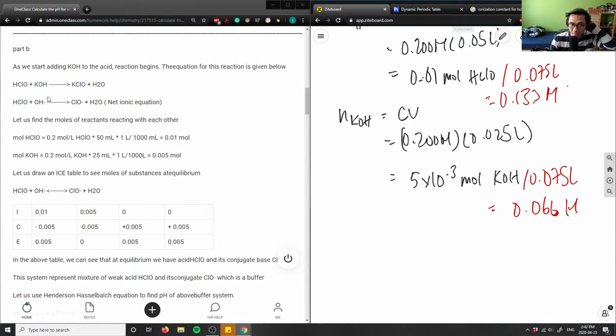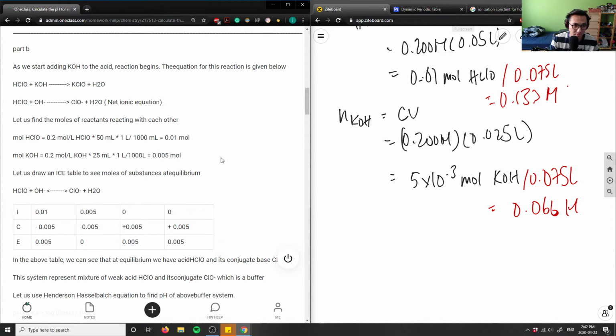So again, they have HClO plus KOH gives KClO plus H2O, that's good. And then HClO plus hydroxide will give us ClO minus and H2O, right? So this is our net ionic equation, that's good. They're solving for their moles like I did as well, 0.01 and 0.005.